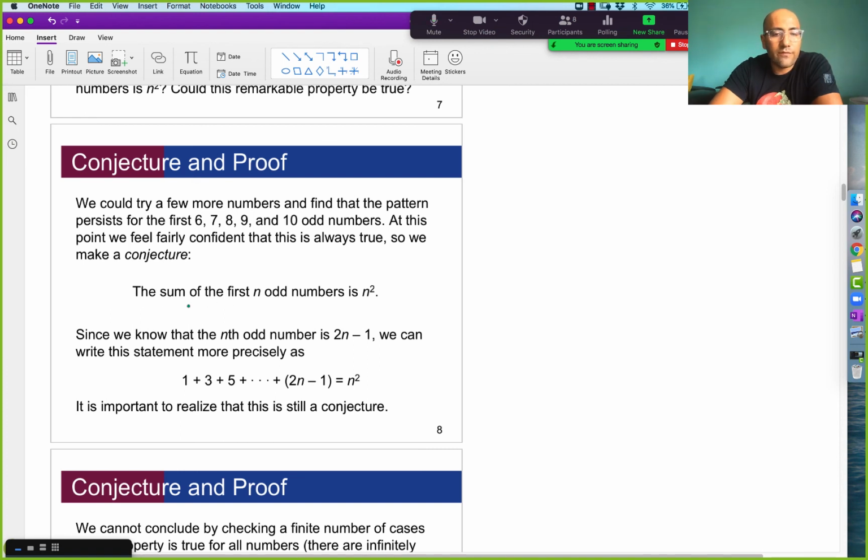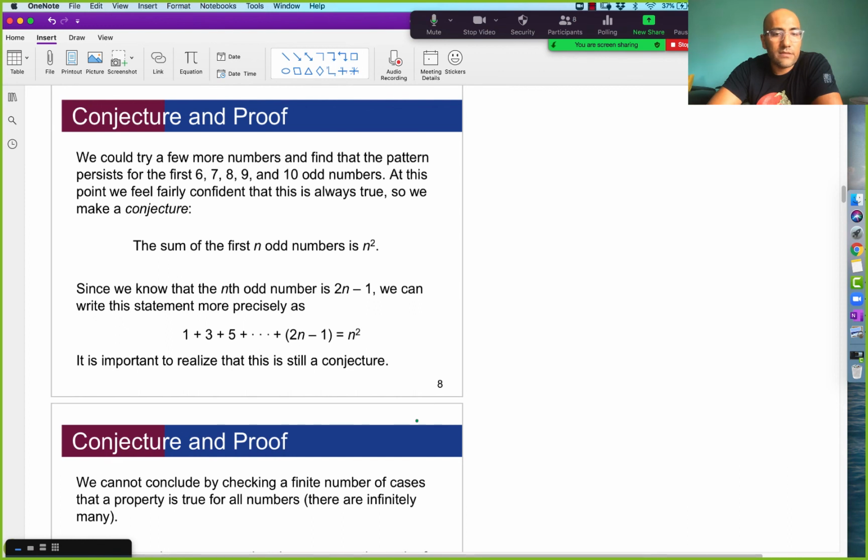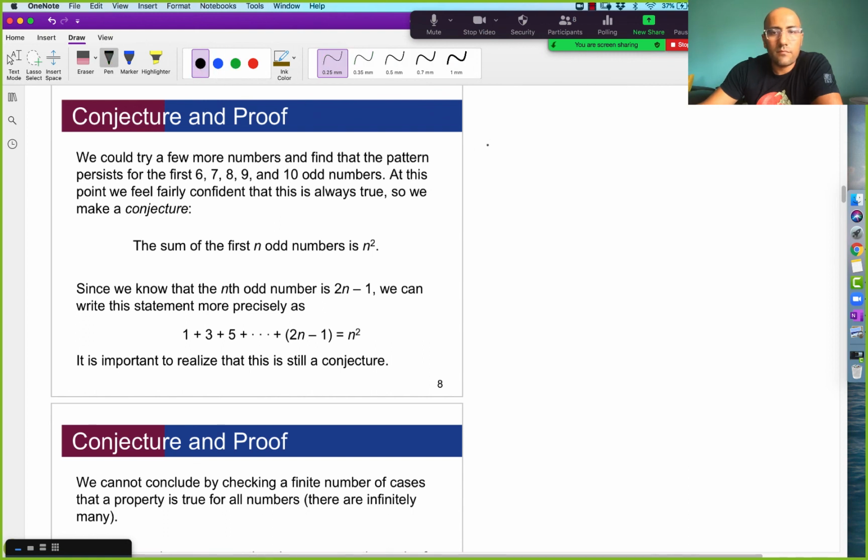So the sum of the first n odd numbers, if this pattern continues, must be equal to n squared, right? Since we know that the nth odd number is described by 2n minus 1. This is the formula that describes all the odd numbers. Let me point that out. The odd numbers are 1, 3, 5, 7, 9, 11, dot, dot, dot.